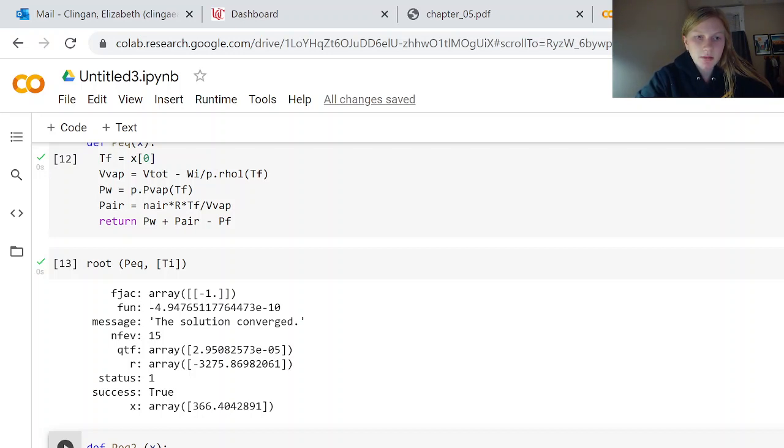Next, we need the partial pressure of the water, which is again just from the Antoine equation at the final temperature this time though. Then we need the partial pressure of the air, which is just the PV equals nRT at the final temperature divided by the volume of the vapor phase. And then lastly, we need to use the number of moles of water in the vapor phase to equal the PV over RT.